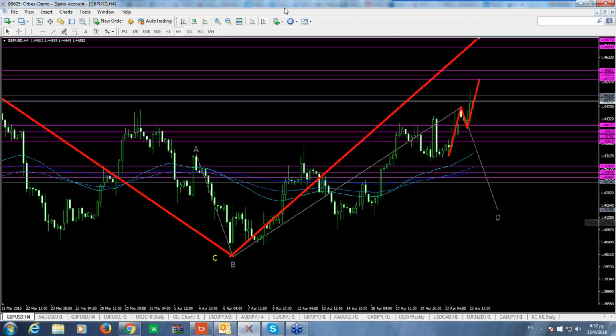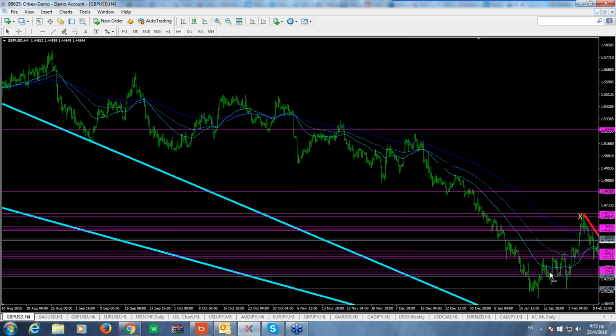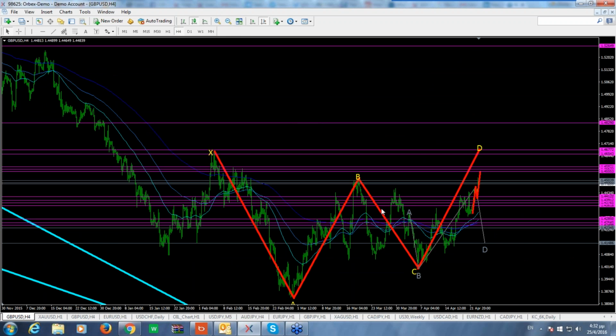Even though it's on the upside for the pound, you're looking at a W-like pattern, which means that once it reaches the D area or close to it, there are potential reversals that may happen for the pound versus the dollar.